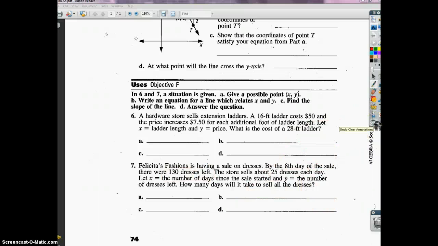Alright. How many days will it take to sell all the dresses? Well, if we sell all the dresses, the 130 left, okay, we sell them all. Ooh, I made a mistake. It should have been y equals negative 25x, right?